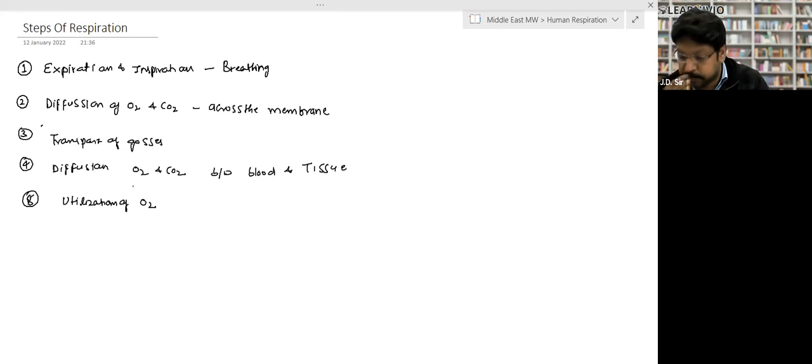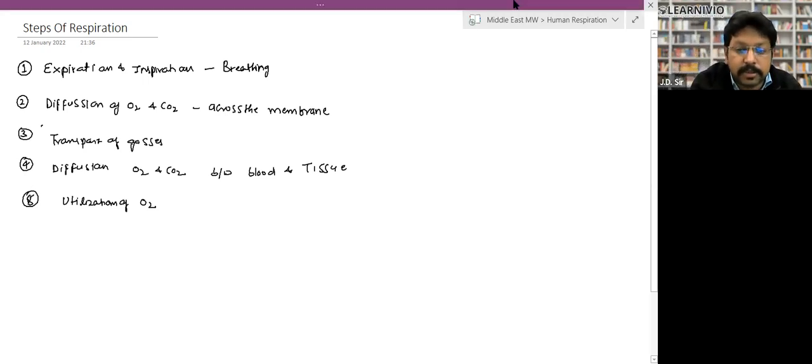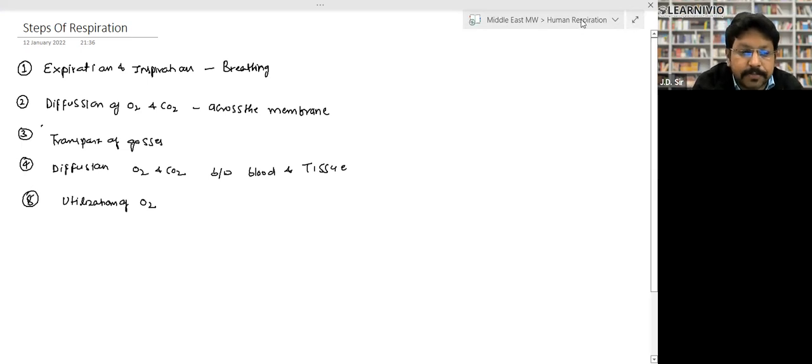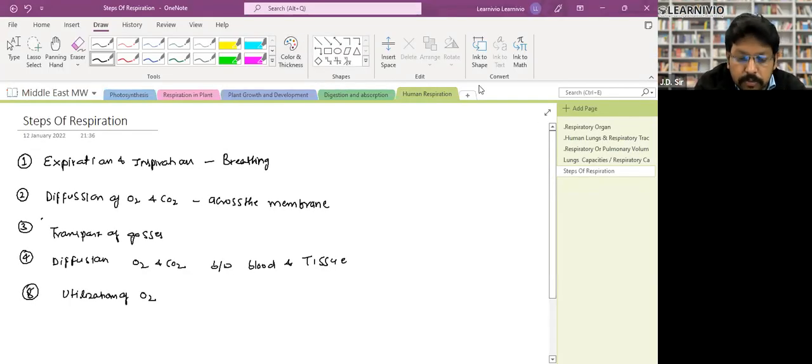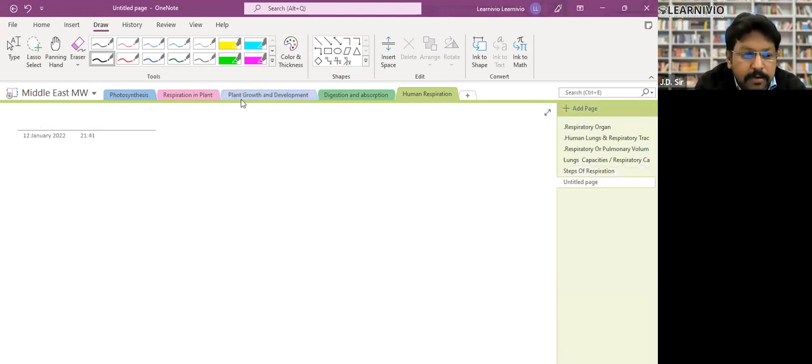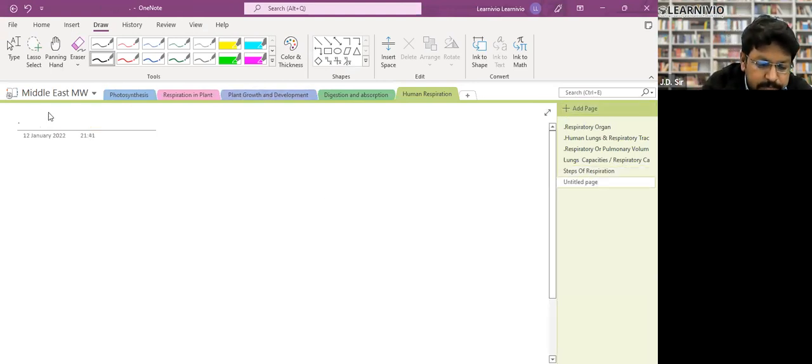Put the heading: mechanism of respiration. In the next slide, I'll discuss the mechanism of respiration with you. These were the steps.